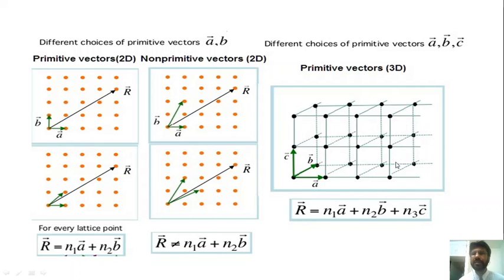The same thing applies to the three-dimensional lattice structure and the three-dimensional unit cell. If A, B, C are the fundamental translation vectors along the x, y and z axes, and these three vectors satisfy the condition of the translation vector, then there is the formation of a unit cell having the minimum area.